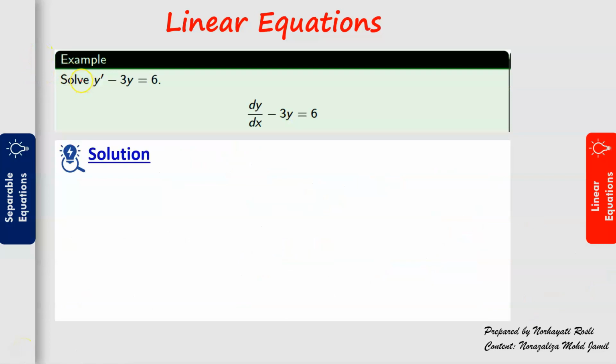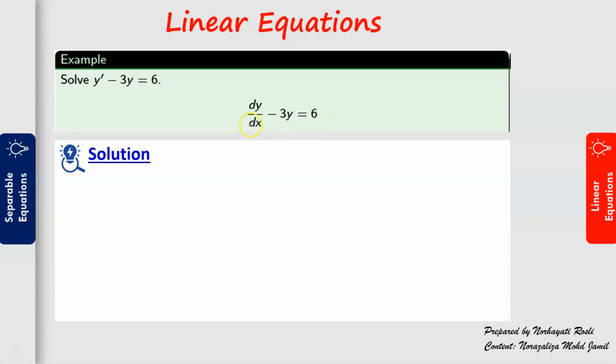Now you have learned the theoretical part of the linear equation. So we have here the problem: solve y prime minus 3y equal to 6. This one we can write as dy/dx minus 3y equal to 6. In this case, before we use the linear method, we need to check whether this equation is linear or not.